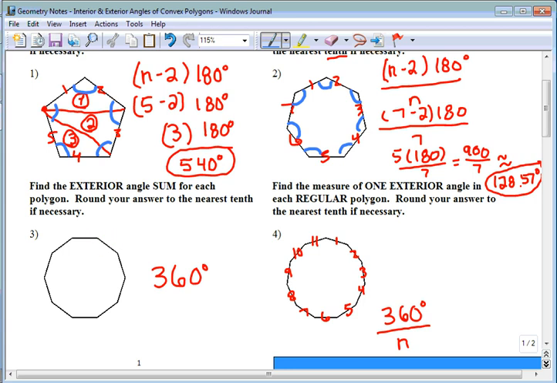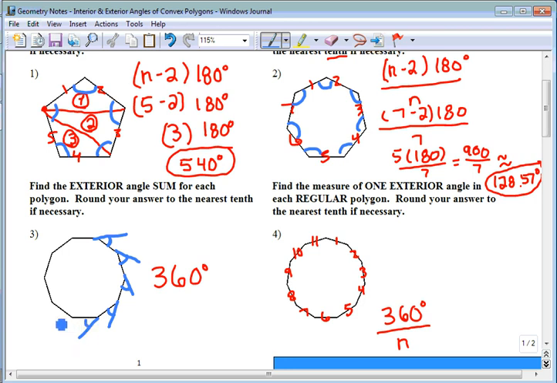For an exterior angle, you continue your line, and then it's what would form a straight line with your interior angle. So it's the supplement of your interior angle.